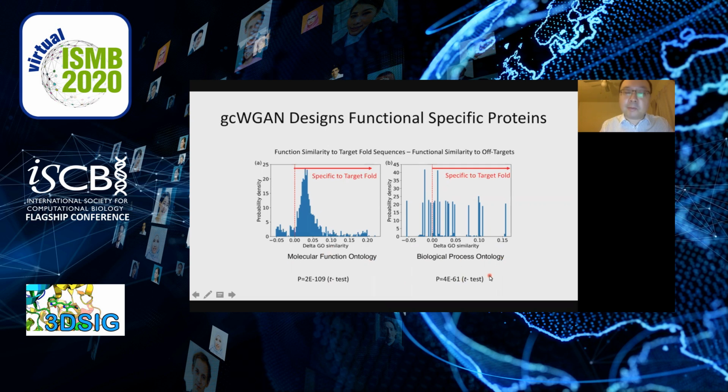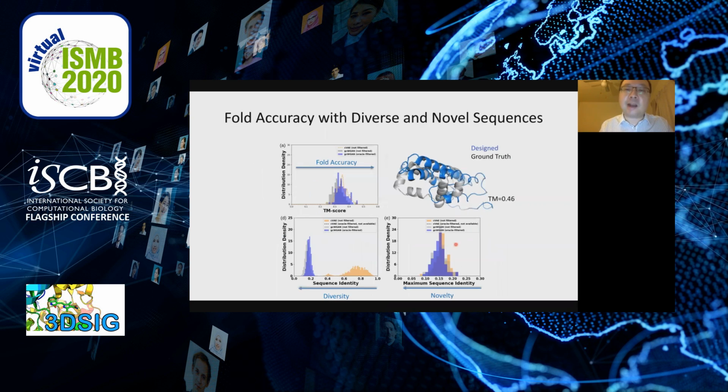Lastly, remember, we are designing sequences for a desired fold. So how good are these? Here we're just looking at one case study; the others can be found in the report. This desired fold is not even in the basis folds that we use to construct the fold representation. So the question is, how good are they?